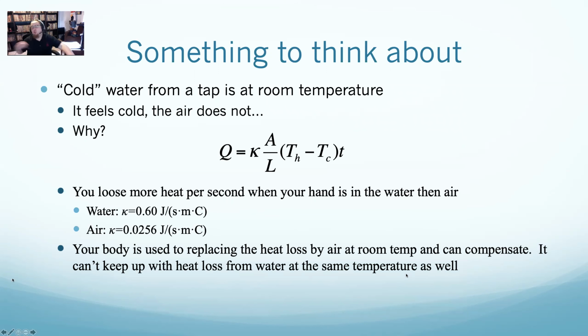Your body is used to replacing heat loss to air at room temperature and compensates. And so if you jump in water at room temperature, like 70-degree water, 70-degree air feels good, but 70-degree water is cold as hell. It's because it has a different value of kappa that it will pull the heat out of you faster.